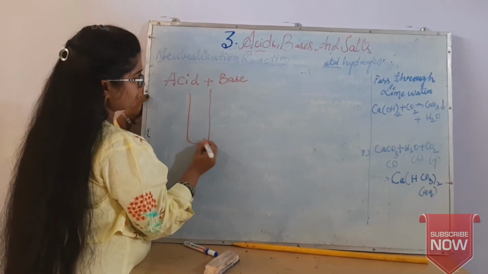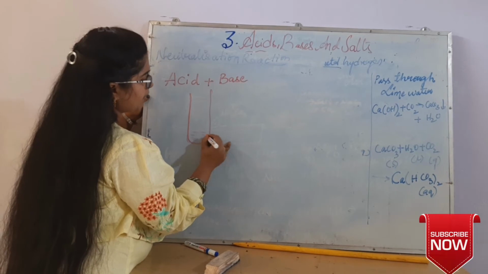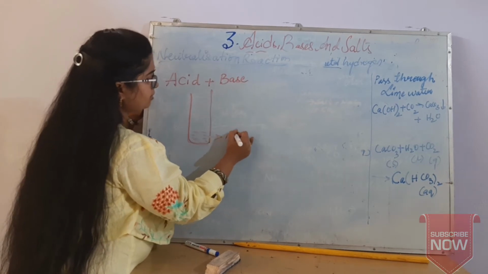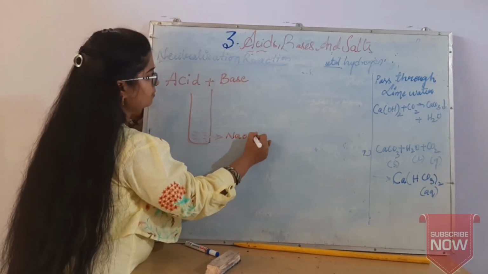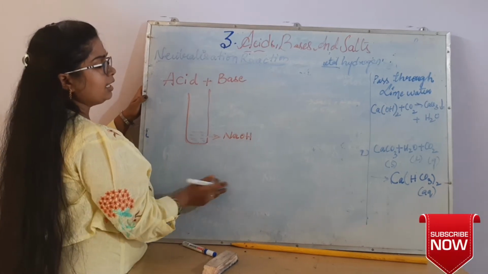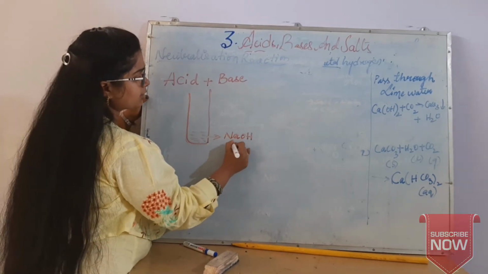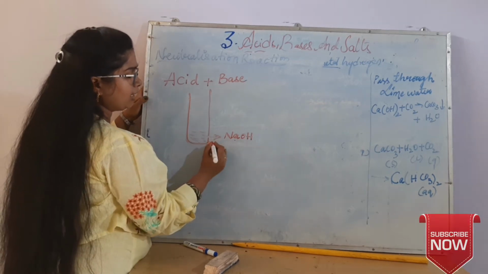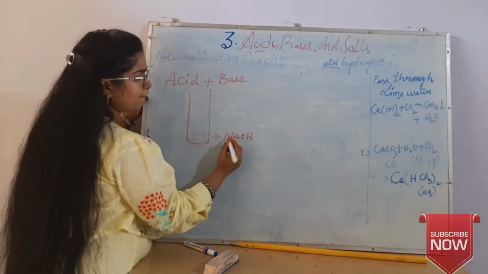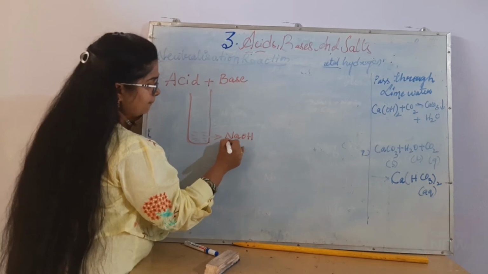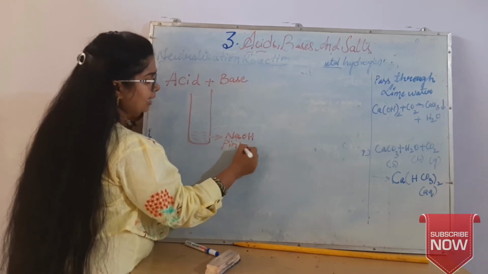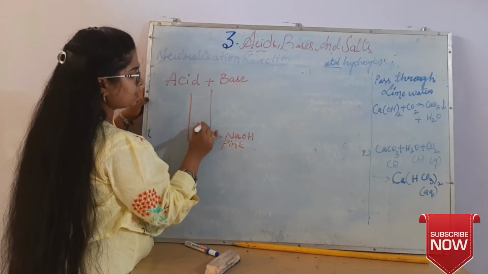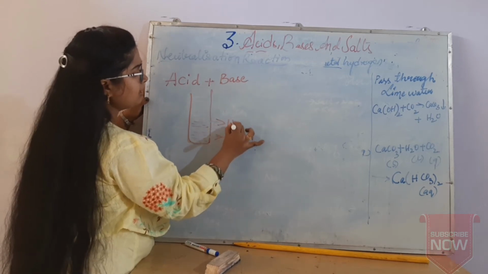Add NaOH to this, and add phenolphthalein solution to this. Then it becomes what color? Pink in color, you know. And now add some HCl to this.